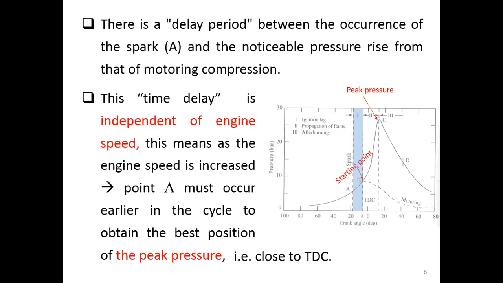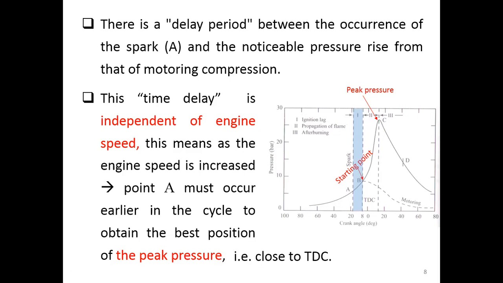Is that if your engine speed increases, and you start the ignition at the same crank angle, no matter what your engine speed is, the peak pressure here will move further away from the top dead center, right?